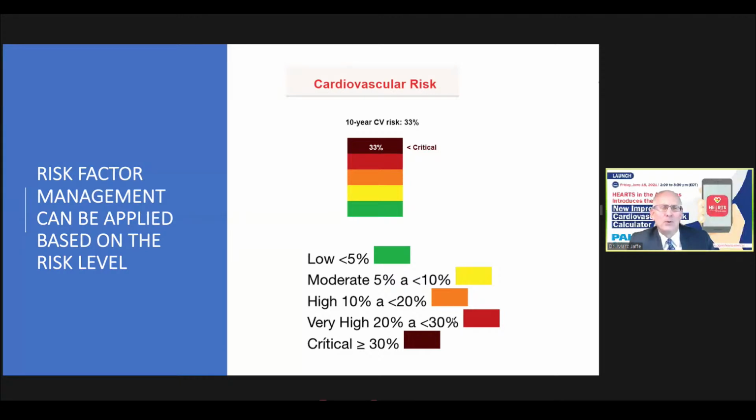And I guess we'll call that maroon, or I'm not even sure what color that is. So I think this is great. And I think the more you use this calculator, you'll get a sense of what this traffic light really means. And the more you use it, the more comfortable people will be in your clinic setting with how to rank people's risk. Let's go to the next slide.